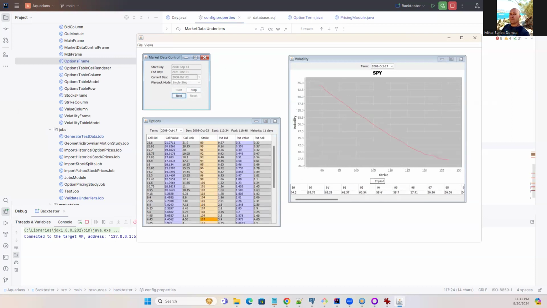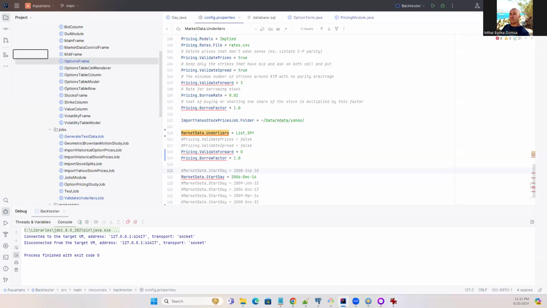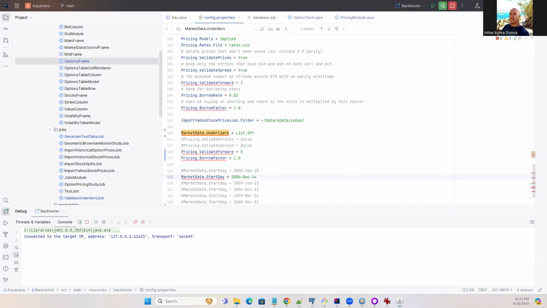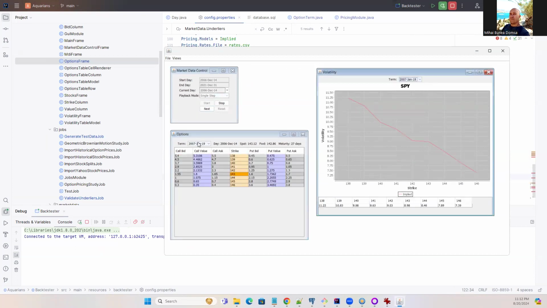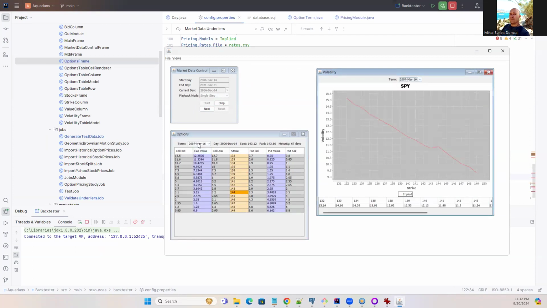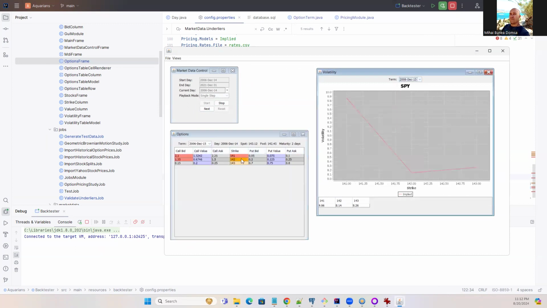Let's take a look at another date. So December 14. Well, the higher terms are okay. No arbitrage on them. But the first term is having problems, having quite a big parity arbitrage problem.